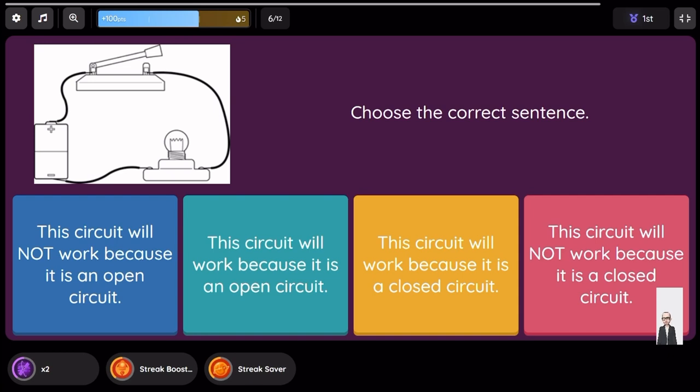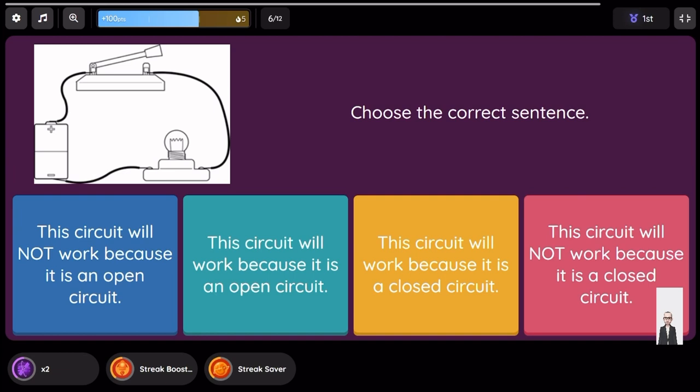Two things we have to decide here. One, is it going to work or not? Is it an open or a closed circuit? In a way, it's the same question. Now you will see that the switch at the top is open. So this is an open circuit. We are left with option number 1 and 2.